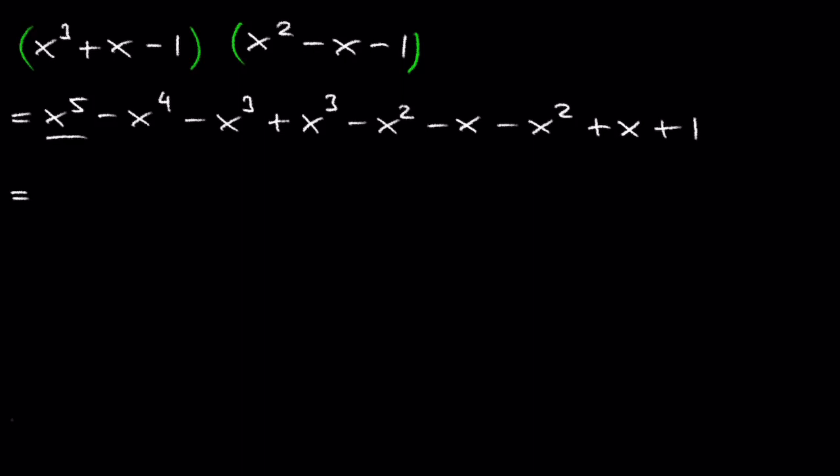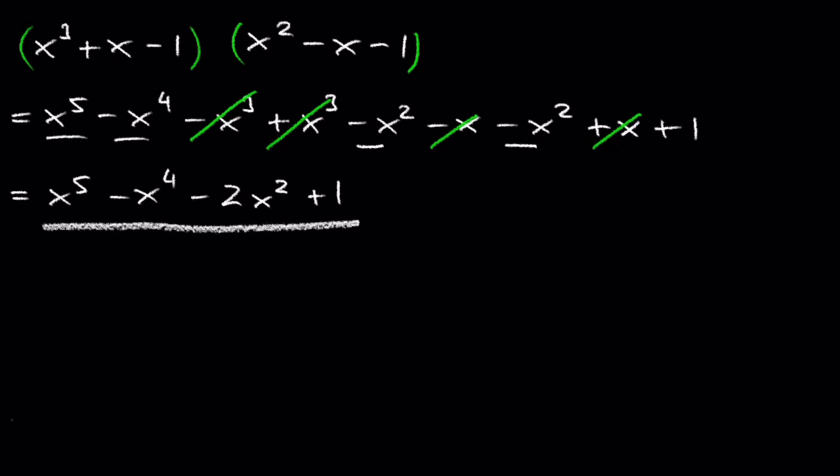So we get x to the fifth minus x to the fourth. Negative x cubed and x cubed cancel each other out. Minus 2x squared. Minus x and x cancel each other out. Plus 1.